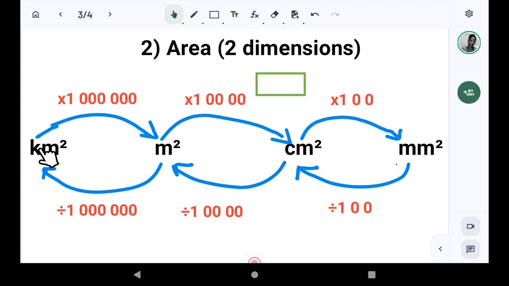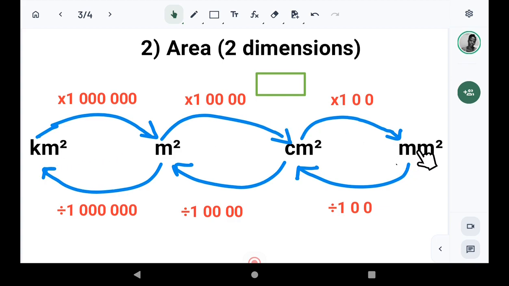So to convert from square kilometers all the way to square millimeters, for example, you will multiply by 1 and 3, 6, 8, 10, 12 zeros. So you would multiply by 1 and a total of 12 zeros to convert from square kilometers to square millimeters.